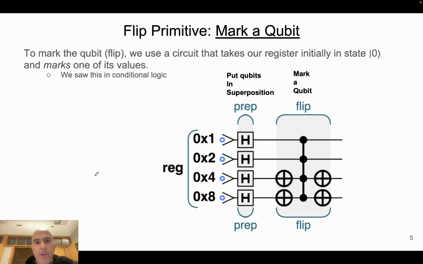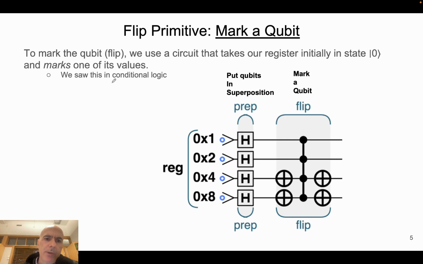The first piece of amplitude amplification is the so-called flip primitive. To mark the qubit, we use a circuit that takes our register, initially in state 0, and marks one of its values. In this case, we want to mark with a change of the relative phase.